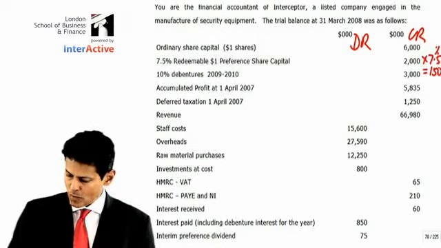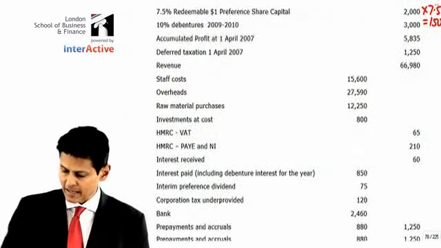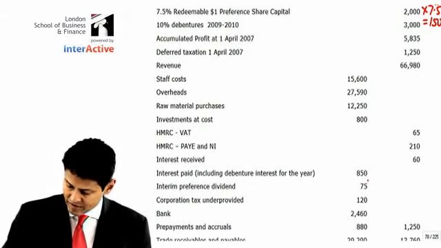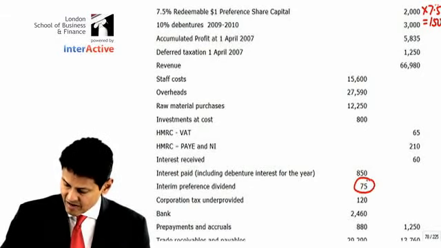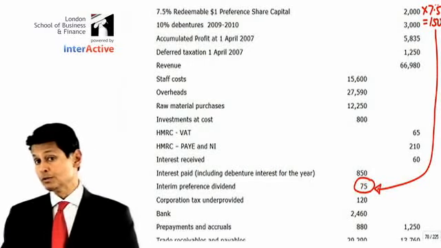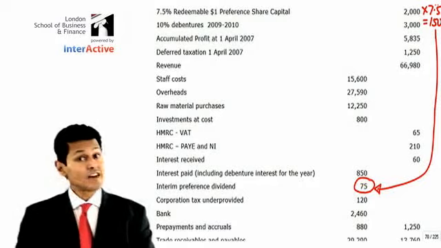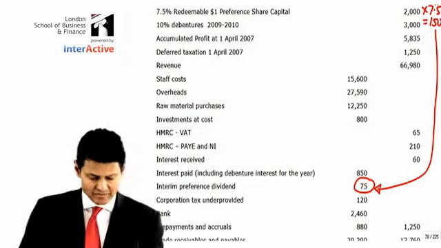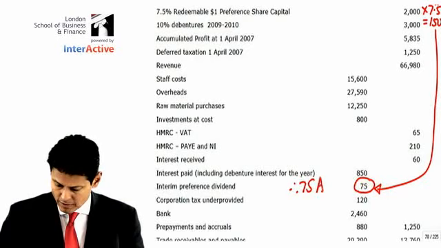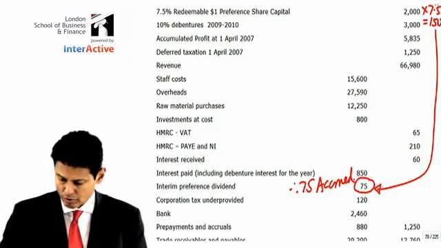Quickly check to see whether in this trial balance this company has actually paid the 150. It hasn't, it's only paid 75. So would you agree that if 150 is due altogether and 75 has been paid, the other 75 becomes payable? What's known as accrued or payable.